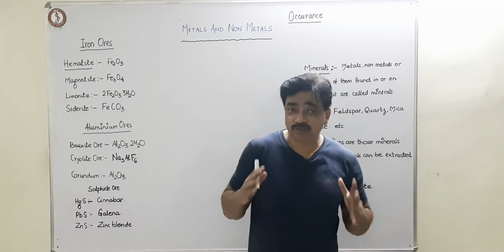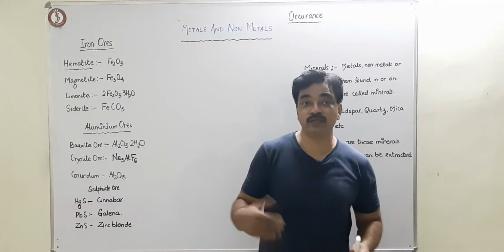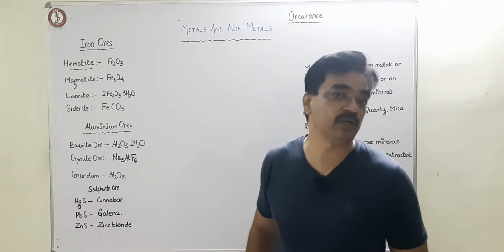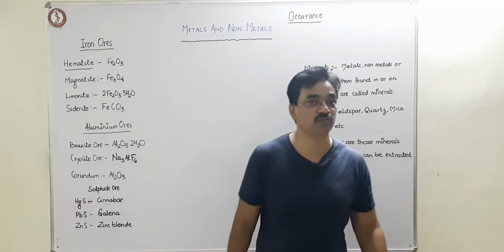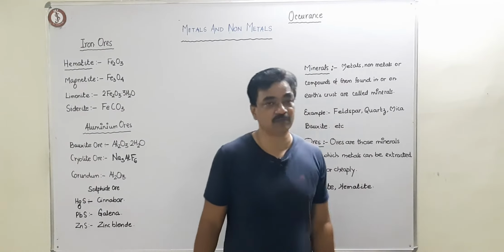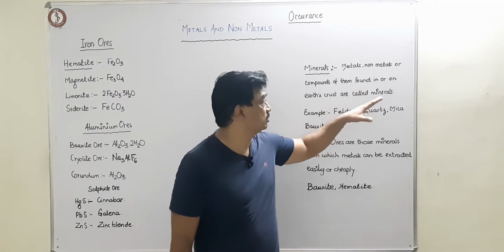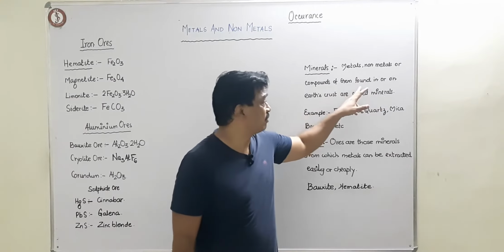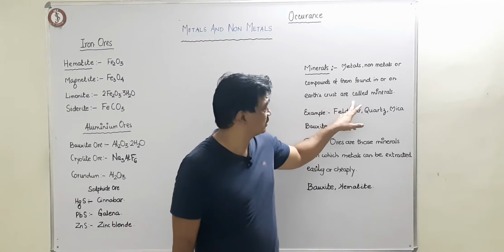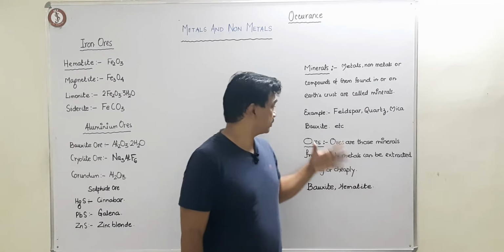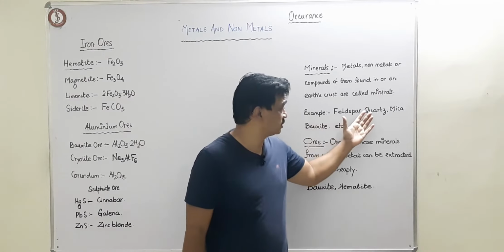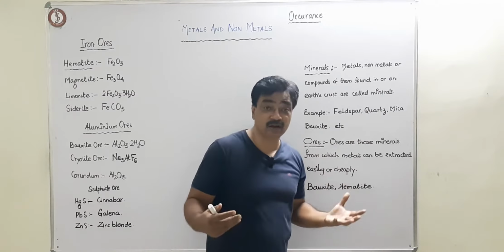So we are actually talking about the occurrence of metals, and we can include non-metals also in the definition of minerals. What are minerals then? Metals, non-metals, or compounds of them found in or on Earth's crust are called minerals. Examples: feldspar, quartz, mica, bauxite, etc. are minerals.